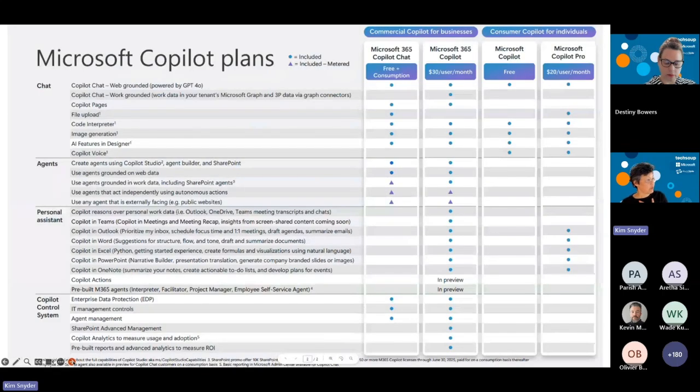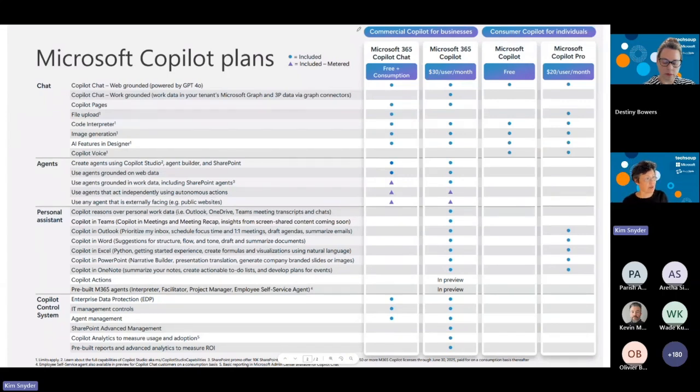All right, this is a different way of looking at it. What do these different plans come with, right? So Microsoft Copilot Chat versus Microsoft 365 Copilot. This is actually the more regular price. It is discounted for nonprofits. I think it's $26. Kevin will correct me if I'm wrong on that.